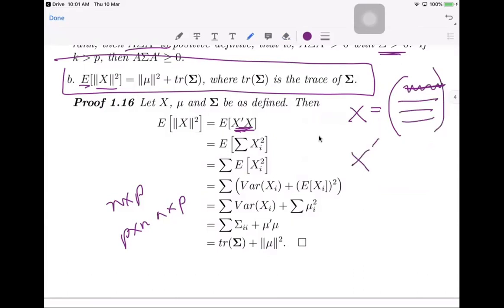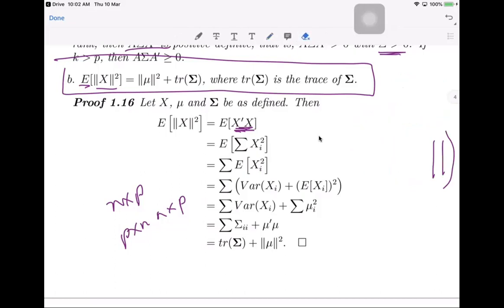Are you following? So when you compute X prime X, what you multiply are the same entries. Let's detail this so you can see X prime X.